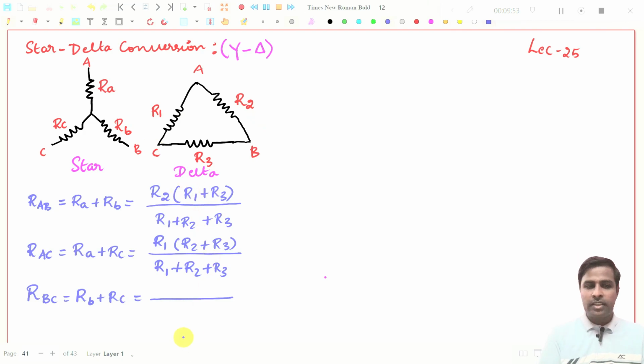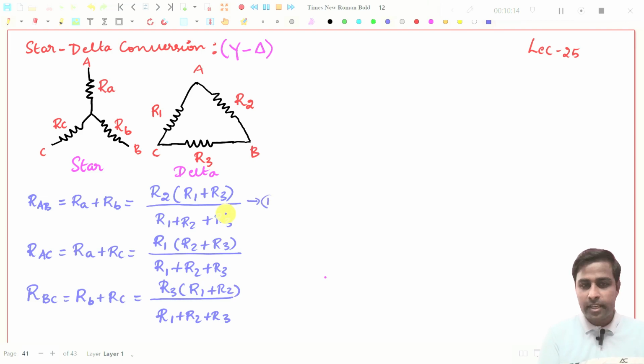So in the denominator, obviously you will get R1 plus R2 plus R3. There is no difference. But here R3 should be multiplied with these two added resistors, so this will be R3 into R1 plus R2. That's all, right? This is expression number 1, this is expression number 2, and this is expression number 3.